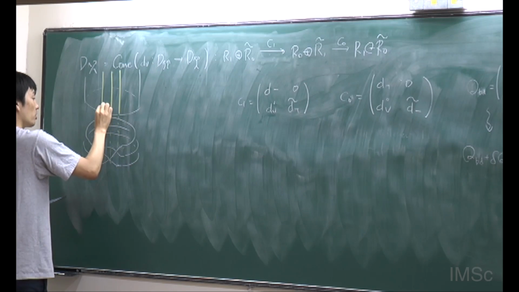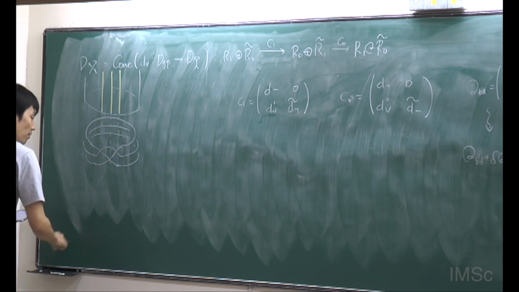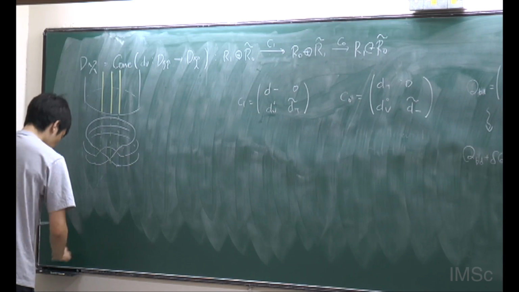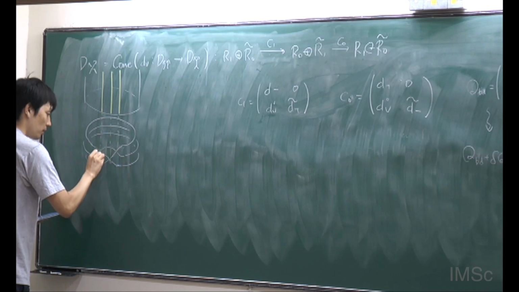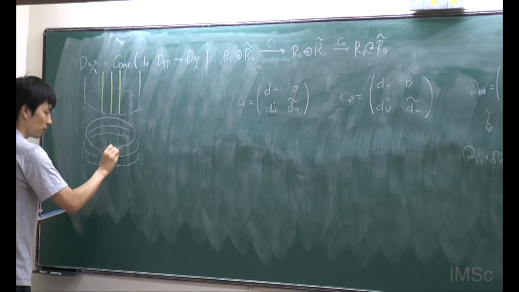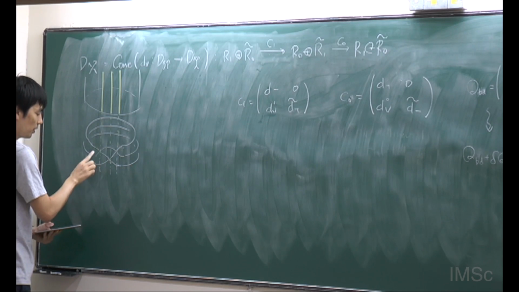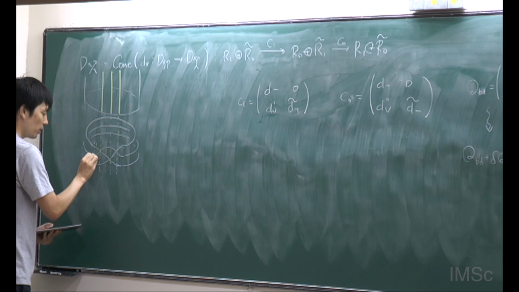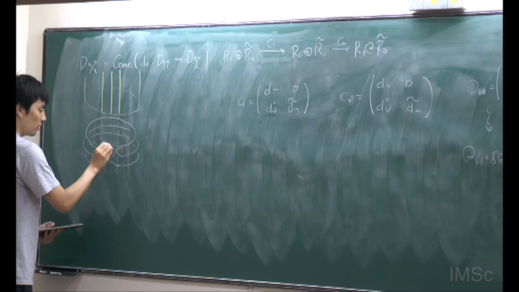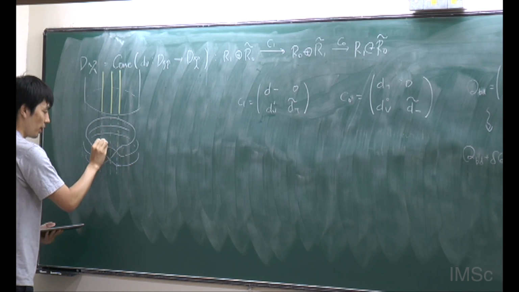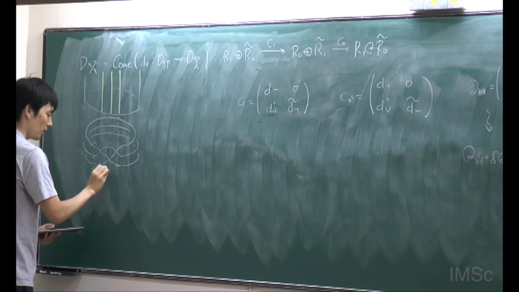And on each segment you assign each chiral field x1, x2, x3, and here x4. I mean, whatever.